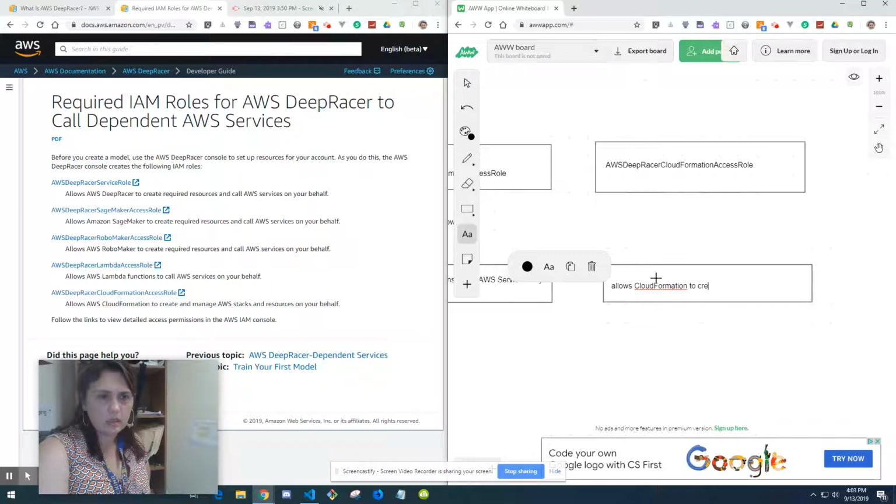CloudFormation to create, manage AWS stacks and resources on your behalf.